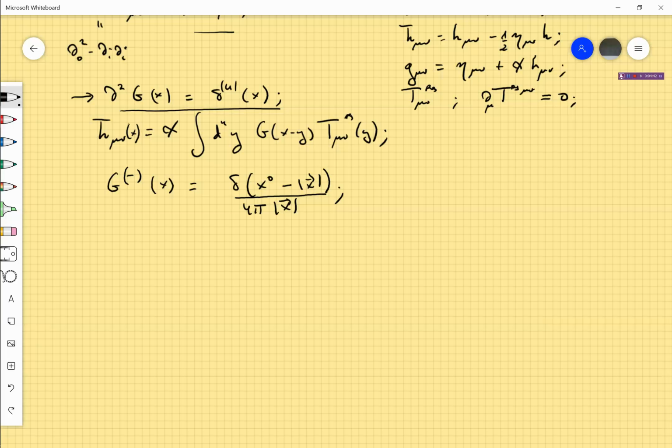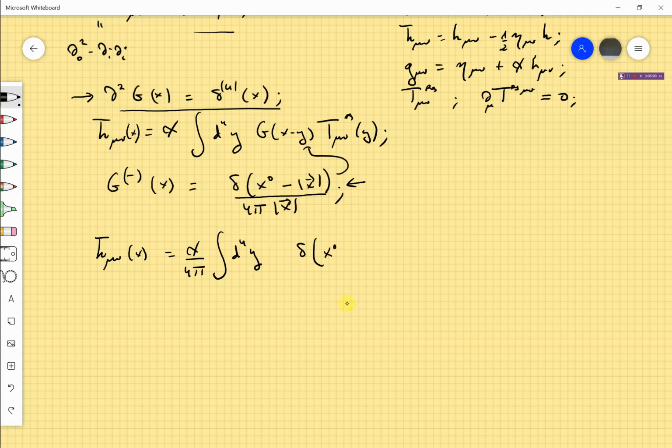The next step will be to substitute this Green's function here. So we have H mu nu of x equal to chi divided by 4 pi, integral d4y, and then wherever we have x, we write x minus y.